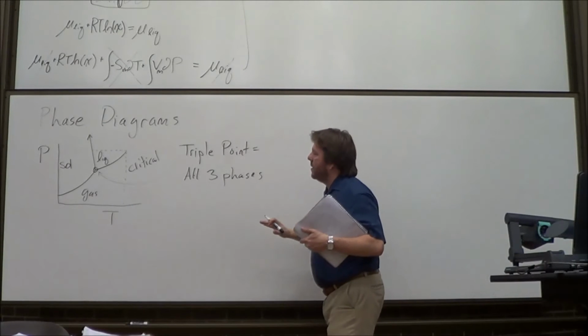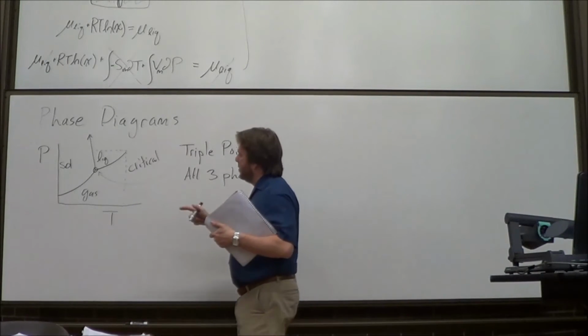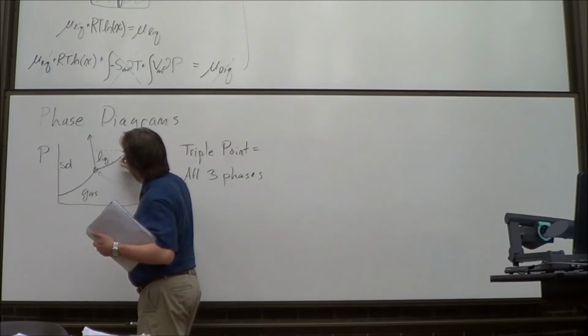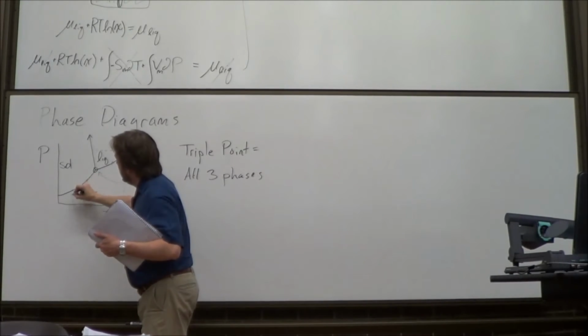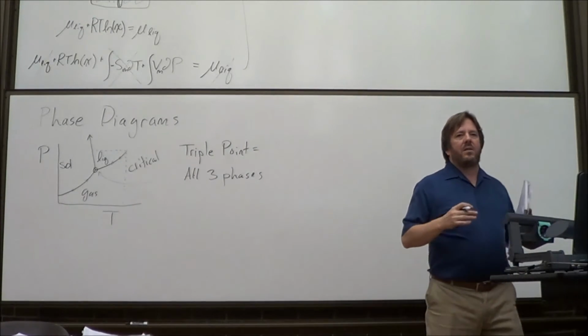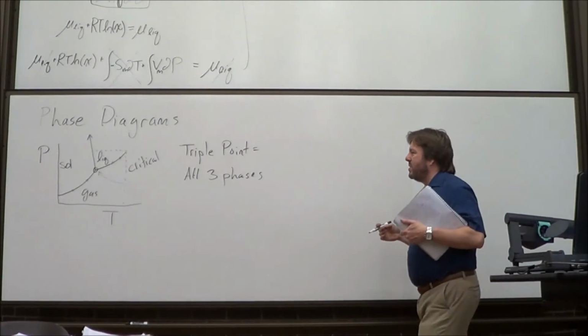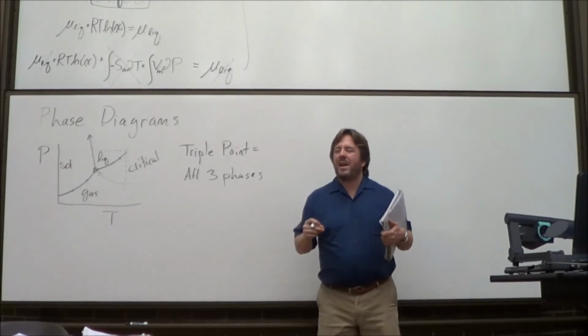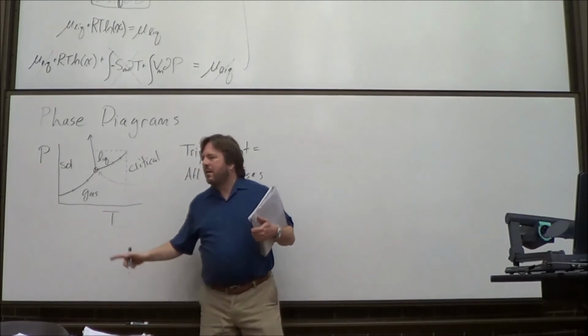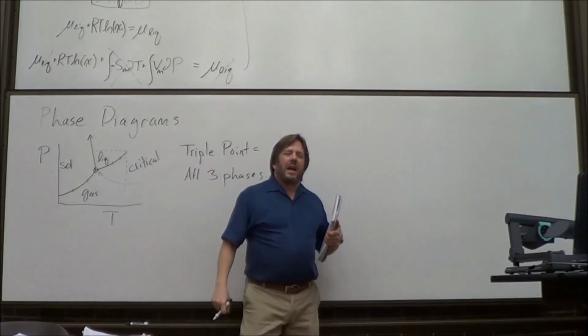There's a lot more in here than just solid, liquid, gas: triple points, critical points. Remember that the lines are really the most important thing here. If you're on a line, then technically you have liquid and gas in equilibrium, which is really kind of difficult to do.